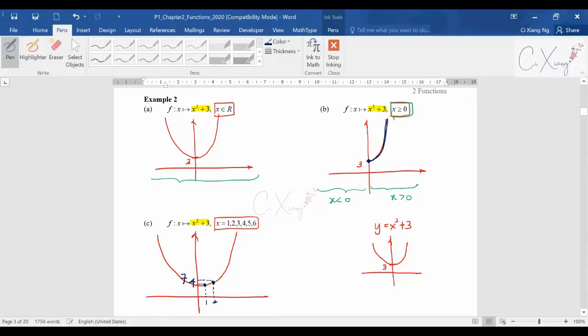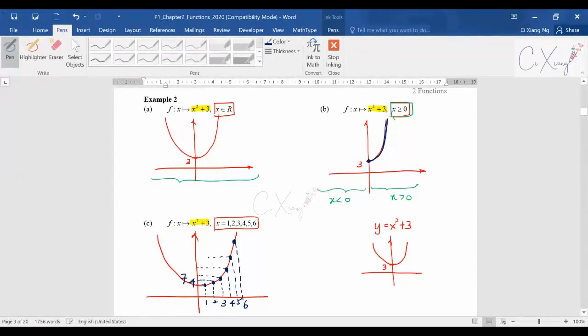Then maybe this is 3, and this is 4, and this is 5, and this is 6, let's say. And if you can, label all the values here also.